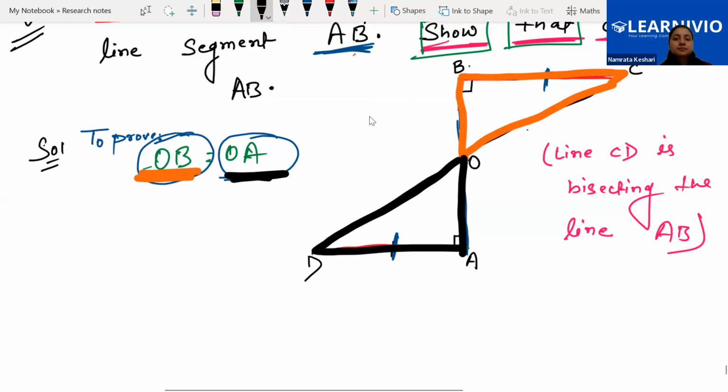Can you see it? Yes, ma'am. I'm not sure whether my statement is clear or not, but I'm trying to say you have to search two such triangles.